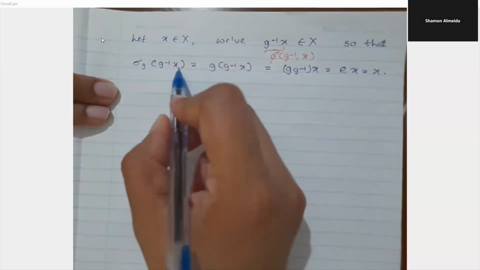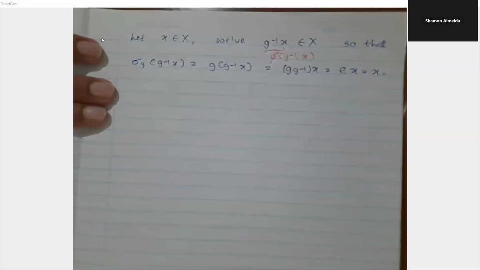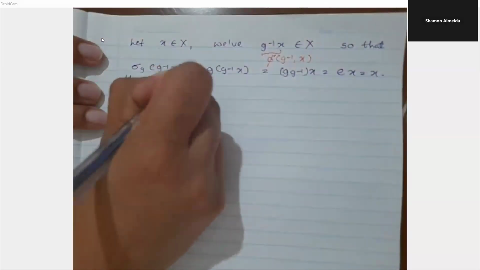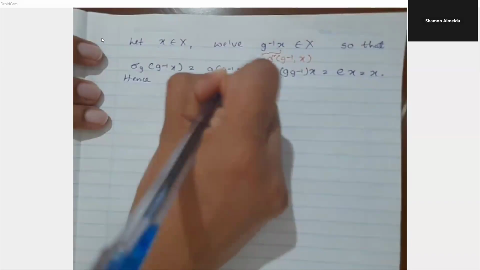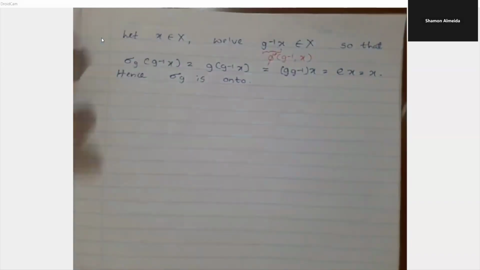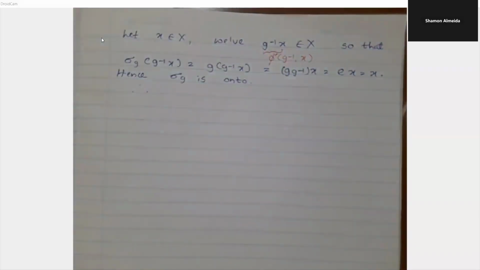So g inverse x through this function is mapped to x. Therefore, it is onto. So sigma sub g is 1 to 1 and onto.